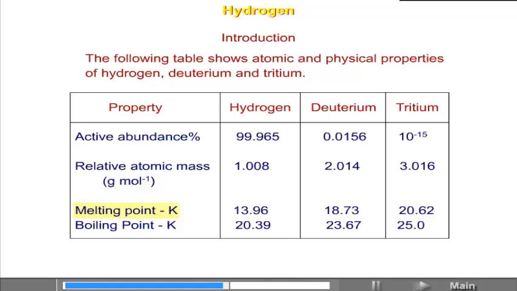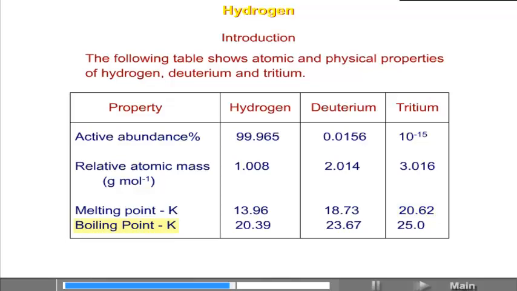Melting point in Kelvin: 13.96, 18.73 and of tritium 20.62.